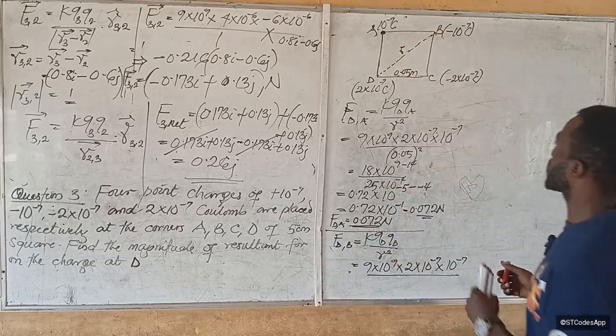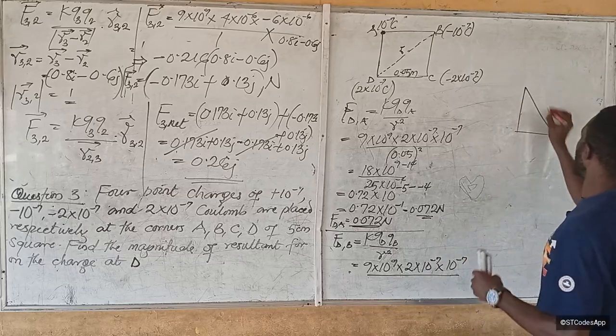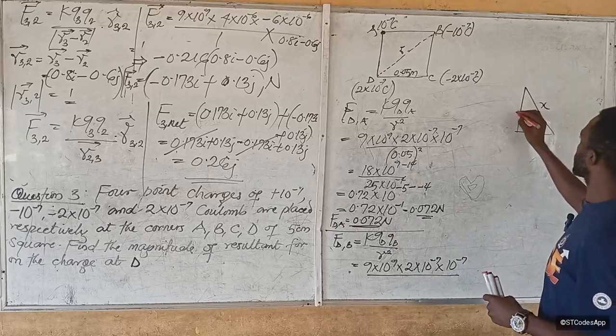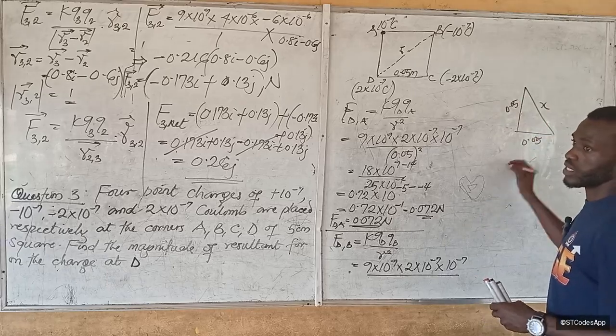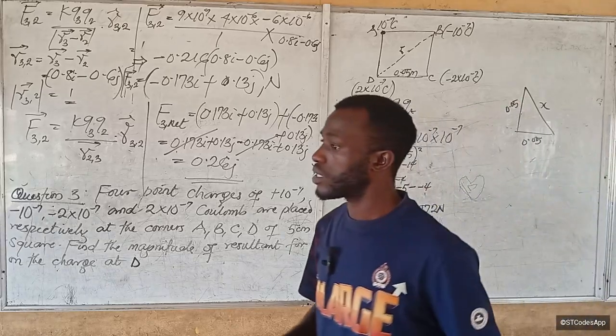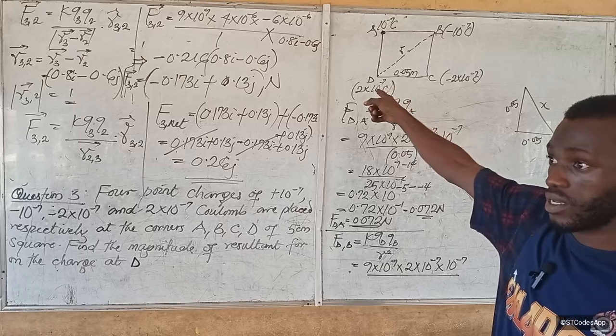So how do we find that? Let's quickly do a little bit of geometry here. We're looking for the hypotenuse. We already have this side 0.05 and this side 0.05.